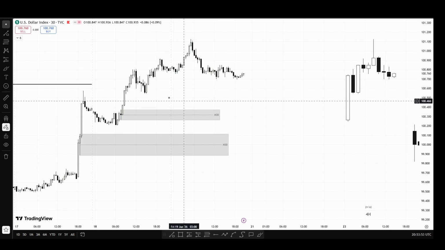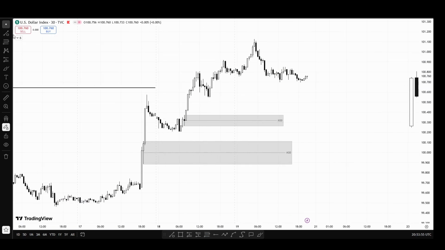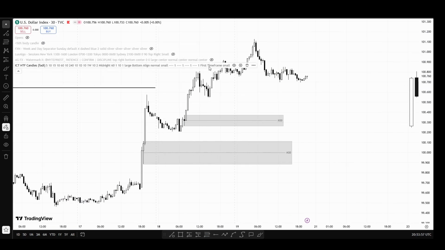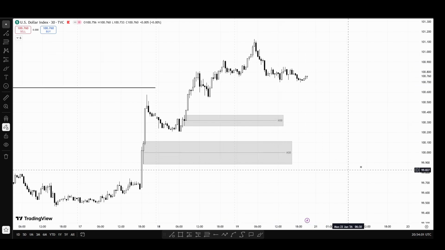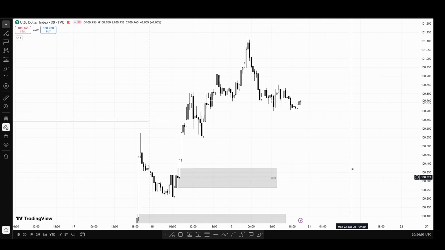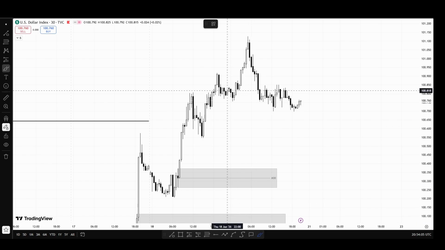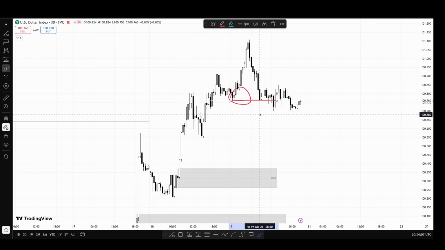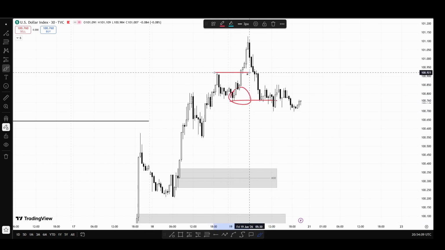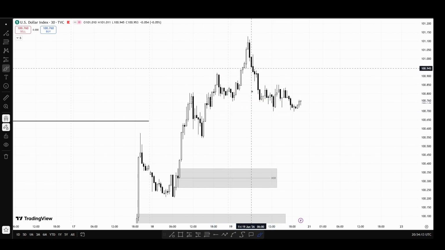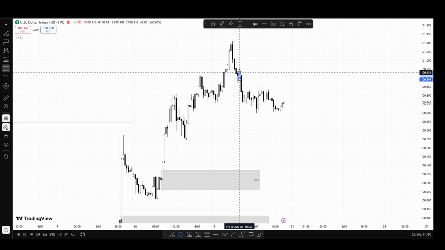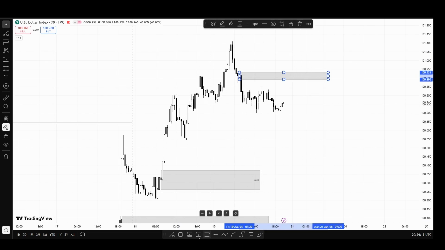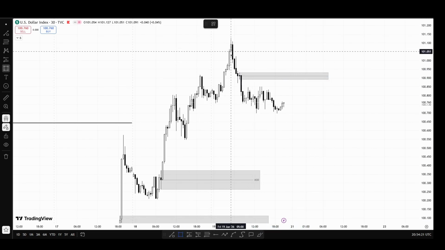So on the 30 minutes time frame, you can see that price came back, filled this other block, and then gave a lower time frame shift. So this was our break, and then this was our lower time frame shift to the downside. Okay, so we'll be waiting for price to mitigate this other block or this other block here.